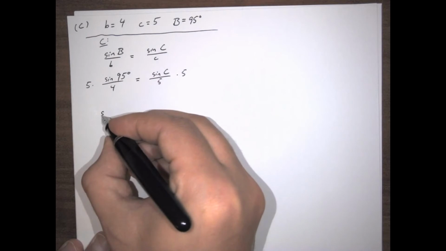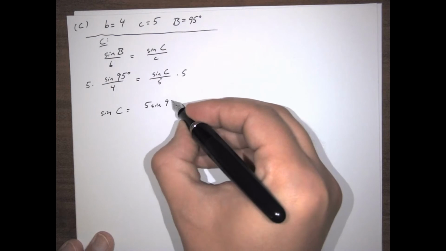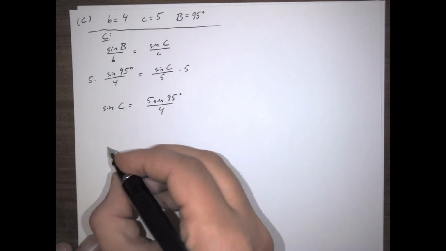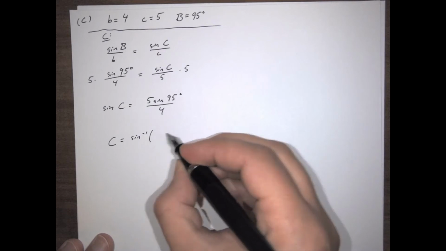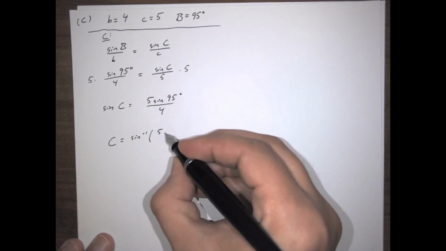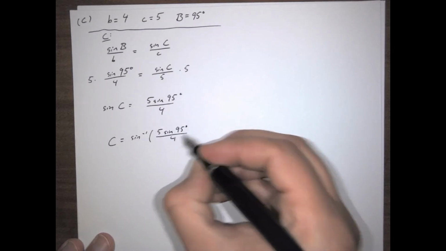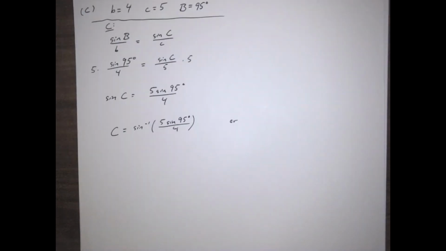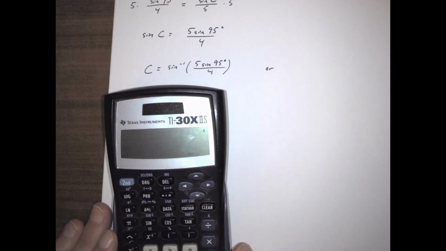And so then I'd have sine C is equal to 5 sine 95 over 4. And then that means that C is equal to sine inverse of that, or maybe something else. So let's always keep the possibility open. Whenever you see a sine inverse in one of these, you have to keep an open mind to the possibility that there's going to be a second answer.